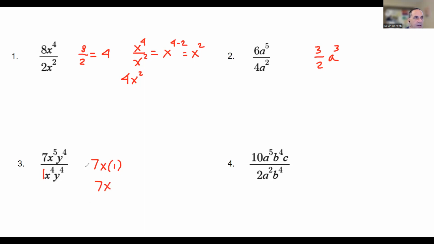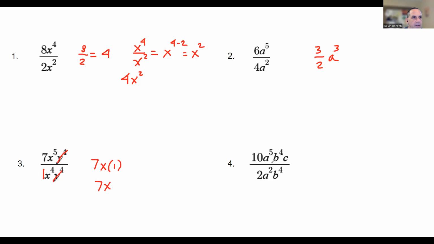Now, a common way to think about this is to just cancel out the y to the 4th. Whenever you see a variable with the same exponent on the top and the bottom, you can just ignore them. They are going to cancel each other out. So that allows you to just deal with the rest of the problem.